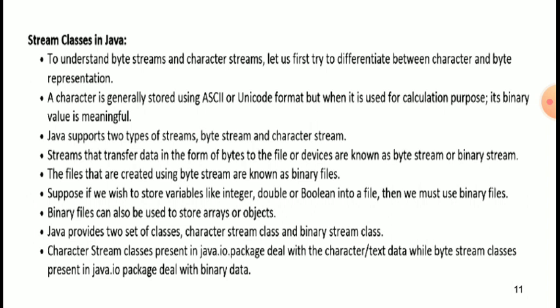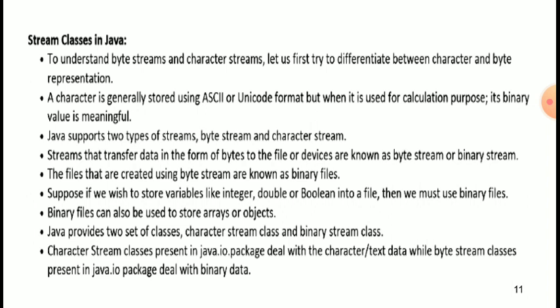Suppose if we wish to store variables like integer, double or boolean into a file, then we must use binary files. Binary files can also be used to store arrays or objects.